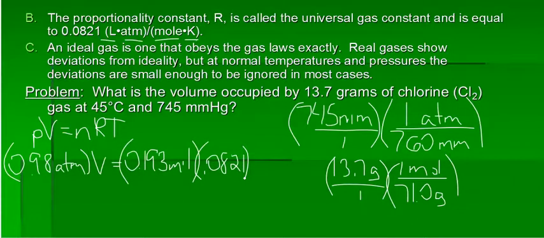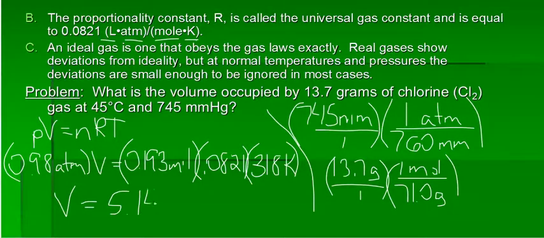And T is temperature, but temperature has to be in Kelvin because R has units for Kelvin. So 45 degrees Celsius, add that to 273, and we get 318 Kelvin. So volume is going to be in liters when I use the ideal gas law: 5.14 liters. So again, when you're using the ideal gas law, PV equals nRT, make sure your units are in liters, atmospheres, moles, and Kelvin.